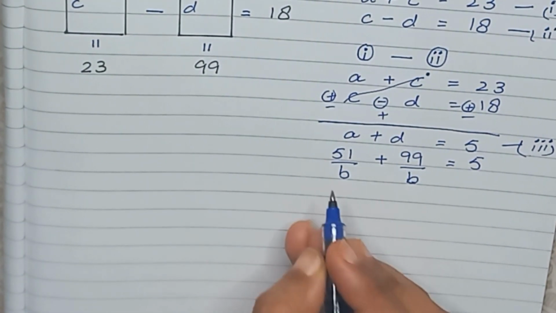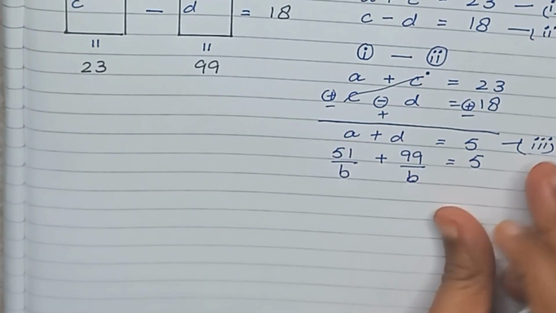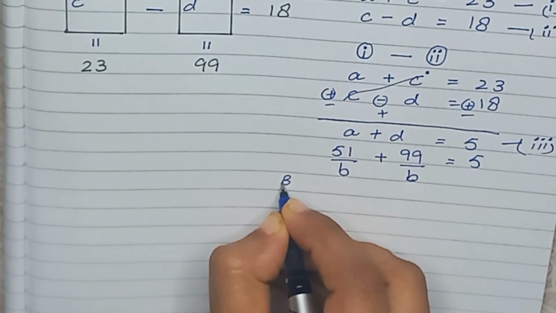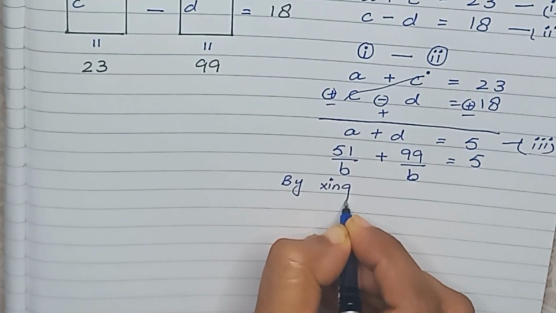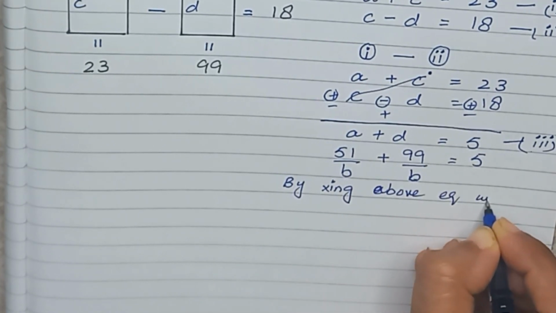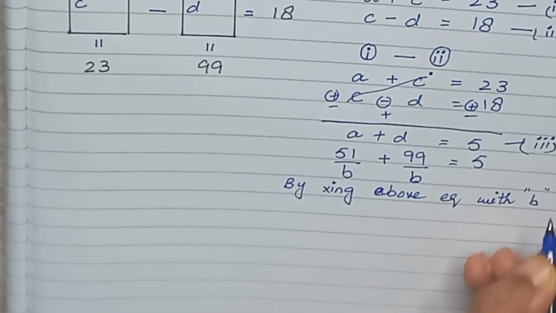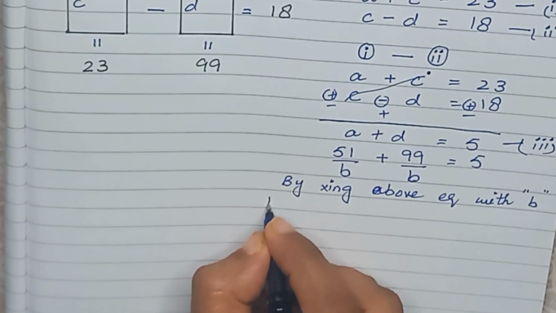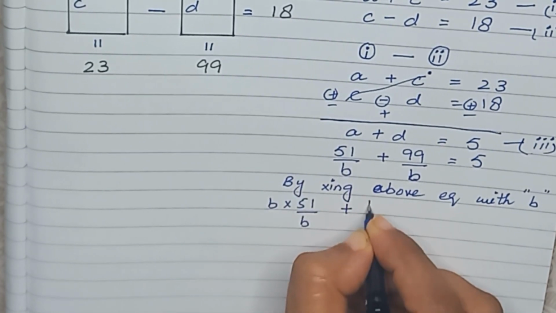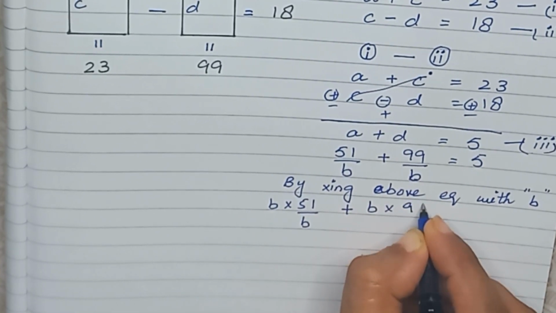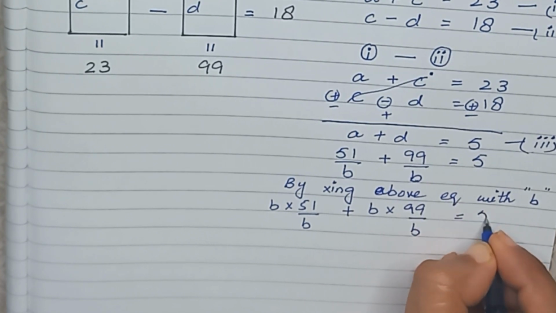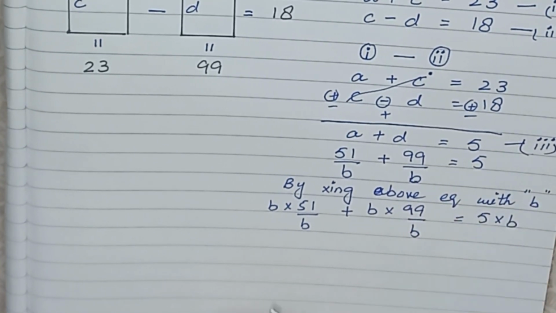By multiplying the whole equation with B, it will become B multiplied by 51 divided by B plus B multiplied by 99 divided by B, and it is equal to 5 multiplied by B.